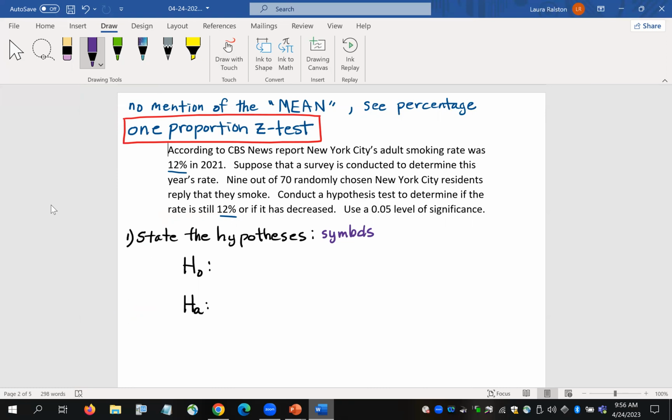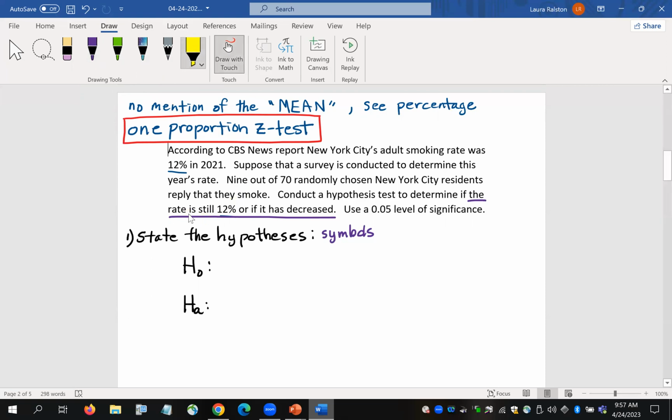Okay, we write it in symbols. And if I look back through the story, it says conduct a hypothesis test to determine if the rate is still 12% or if it has decreased. Okay, so I see two phrases.